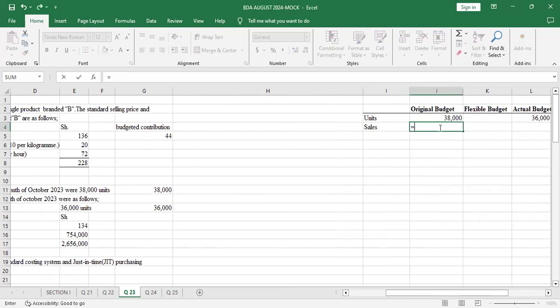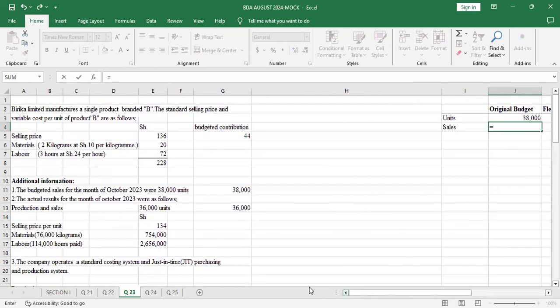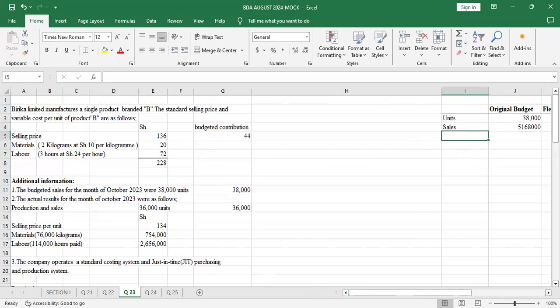Sales is always selling price times the number of units sold. So the standard selling price, which is the original budget, will be 136 times 38,000 units. So we'll have sales of that amount. Then we'll have production costs.